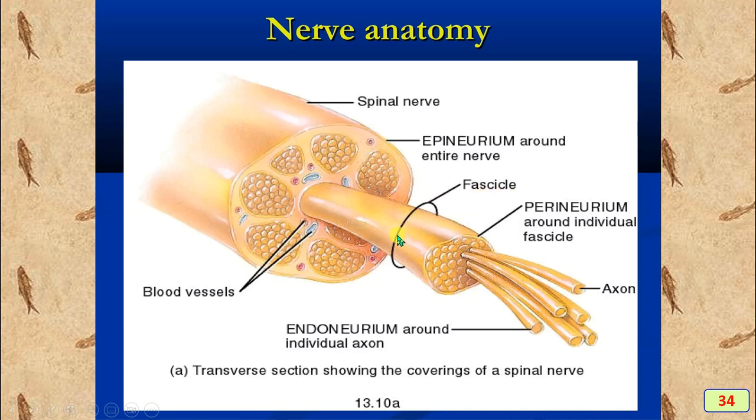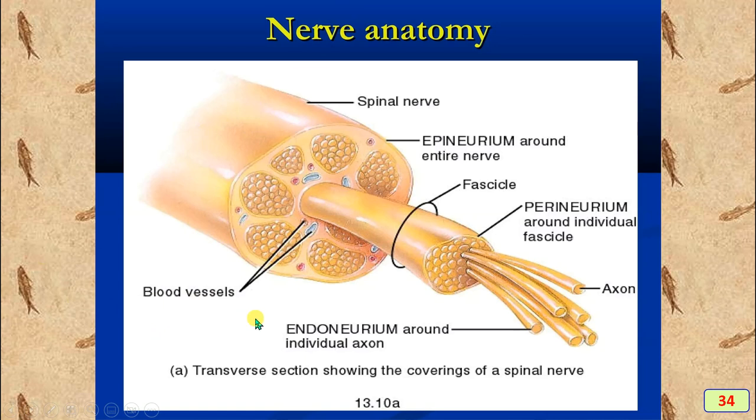Then the round bundles of nerves are surrounded by the perineurium around each individual fascicle. The smallest structure here is the axon. Everything is bundled or packed in a structure known as the nerve. The entire thing is called the nerve.